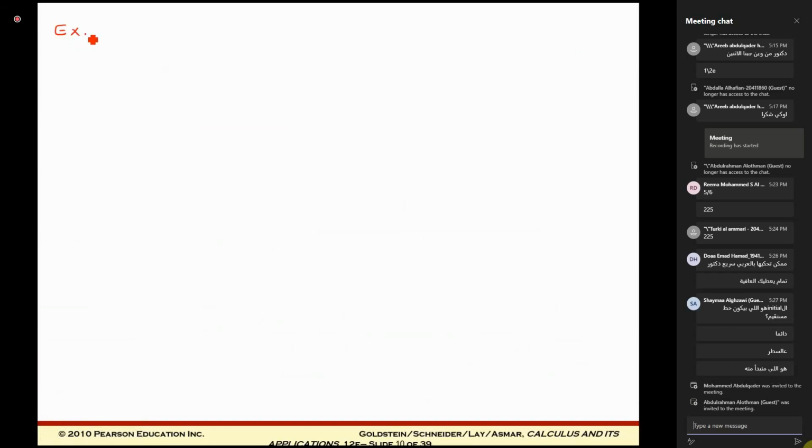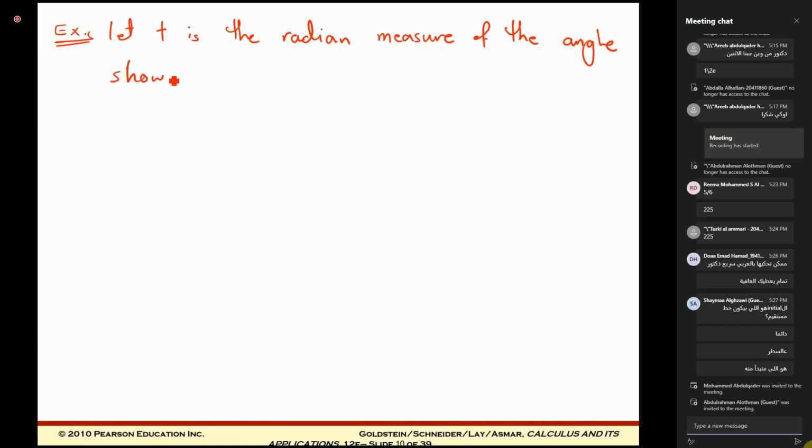Example: let t be the radian measure of the angle shown in the right triangle.